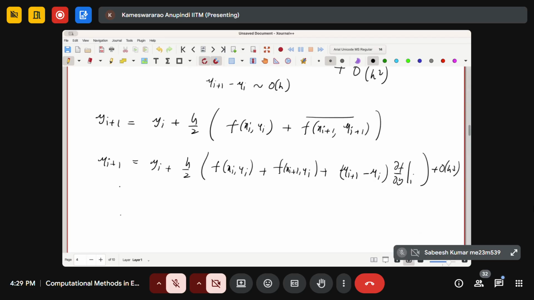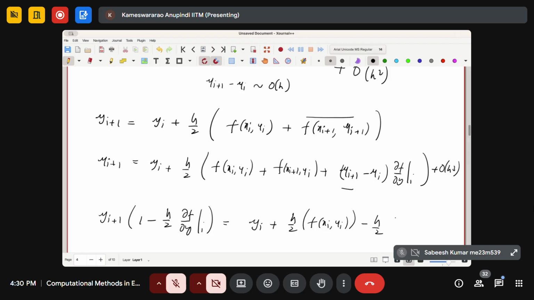Then I can write this just like the way I have done before. I'm going to bring the y_{i+1} terms to the left hand side. So that's going to make it y_{i+1} minus h by 2 partial f by partial y at i equals y_i plus h by 2 times f of x_i, y_i, then minus h by 2 partial f by partial y at i times y_i.